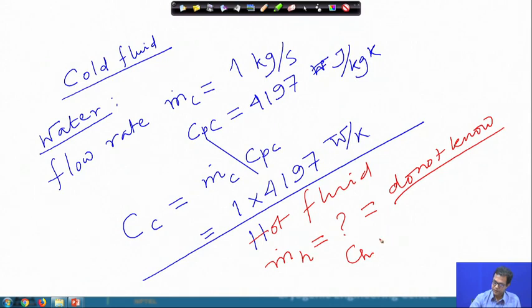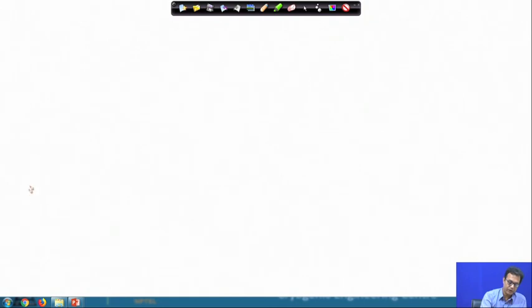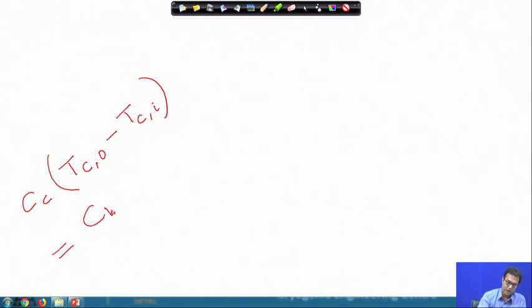We know C_h equals m_h dot C_ph, and this is what we need to find out. For that we will use another relation, where we know that C_c multiplied by (T_co minus T_ci) is equal to C_h multiplied by (T_h,in minus T_h,out).